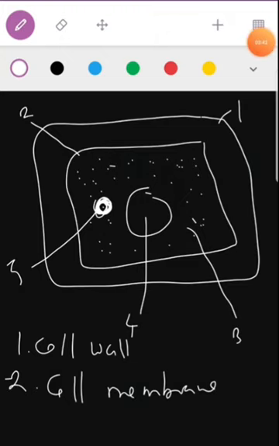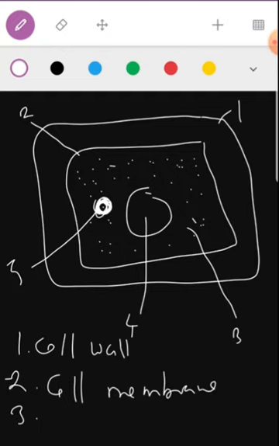So therefore, the cell membrane is termed to be a semi-permeable membrane or a selectively permeable membrane. Why? Because it doesn't allow all the substances to enter or leave the cell, while the cell wall is fully permeable, as it allows all the substances to enter the cell.